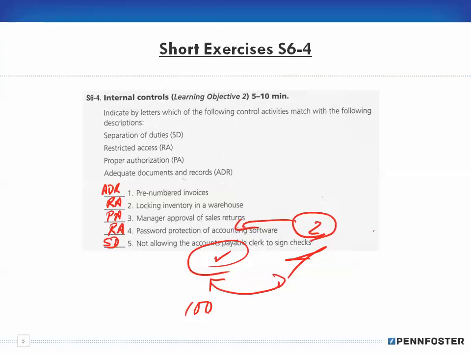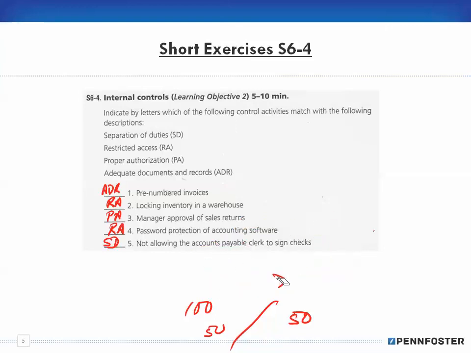If the clerk doesn't have a good reason, they're in trouble. But if clerk number 1 says, "Hey, let's split this 50-50," now you have collusion between the two, and that's even more difficult to control in the workplace. But by having a separation of duty, it is more likely that this won't happen. All right, so that's it, and we'll pick up with number 5 in the next video.